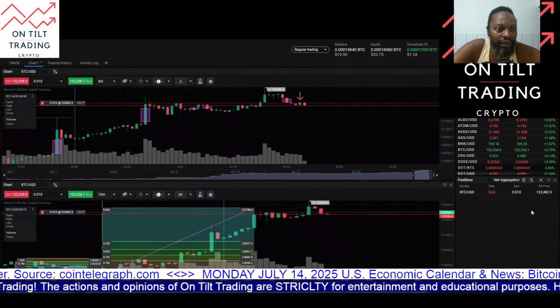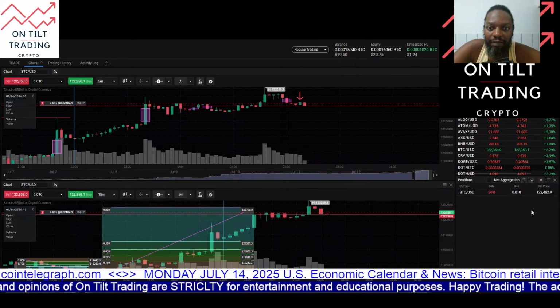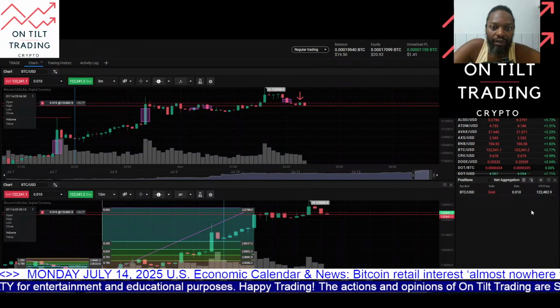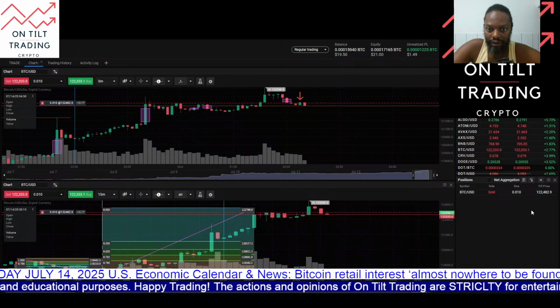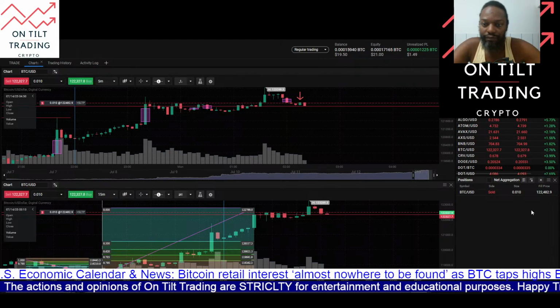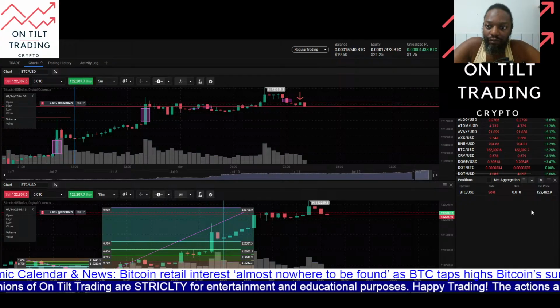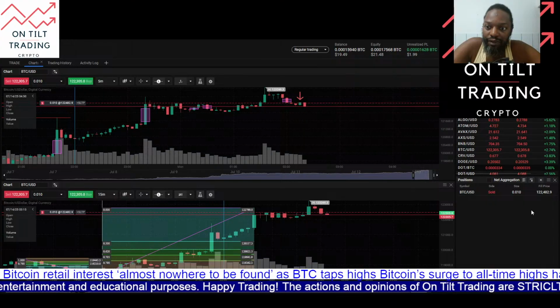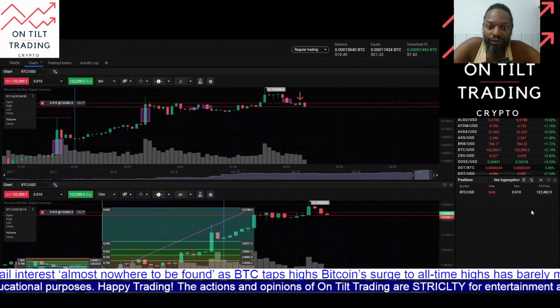So it looks like this fair value gap happened here within the second macro of the London session here. Further sell side delivery, 122,280. Consolidating, 122,300.